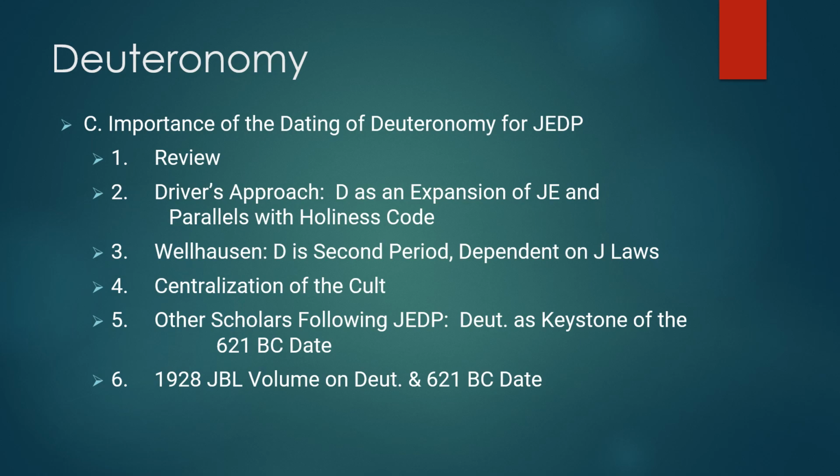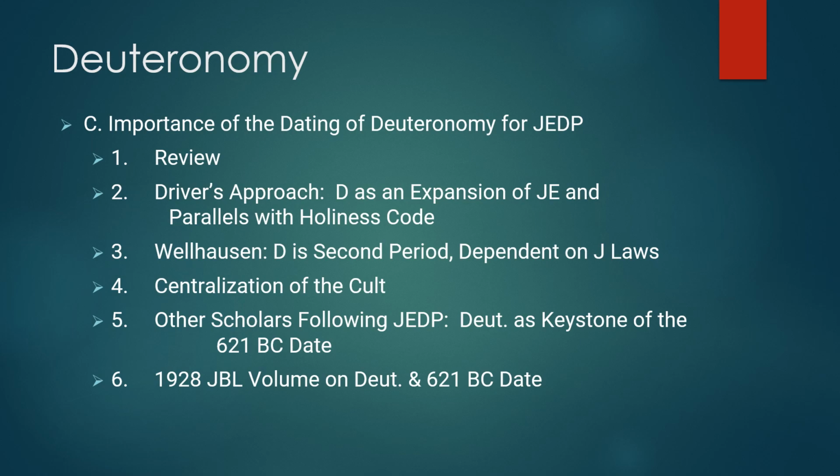Now, it sounds like, from the titles of those articles, you're having a case argued for an early date, a 621 date, and a late date. That's somewhat deceptive because all of these writers accept the Wellhausen date of 621. So when you're talking about the case for the early date, they're giving the case and then critiquing it.